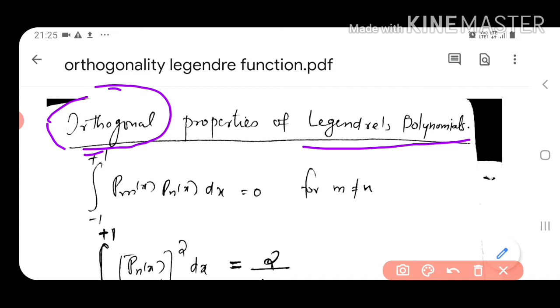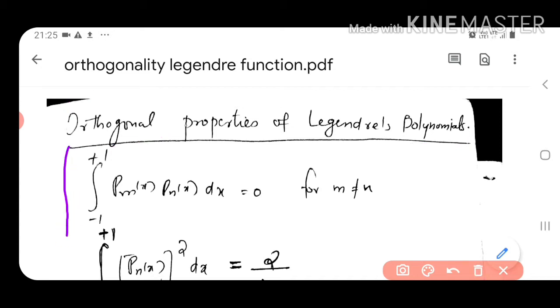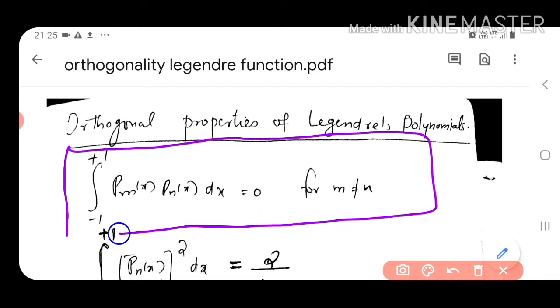The property is this: the integral from minus 1 to plus 1 of Pm(x) Pn(x) dx is equal to 0 for m not equal to n. Okay, so this is the orthogonality property that we are going to prove.